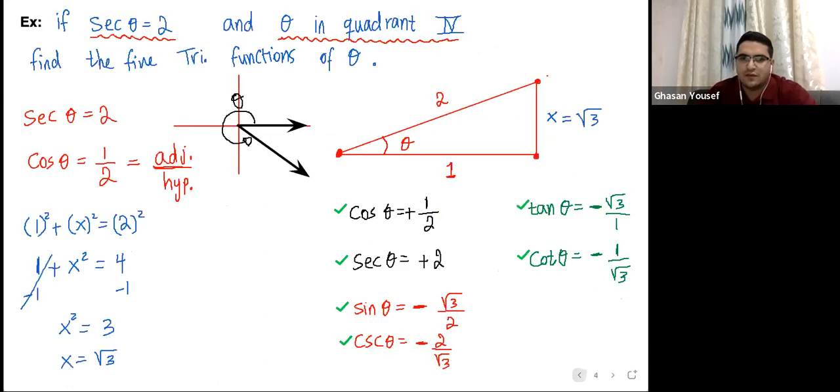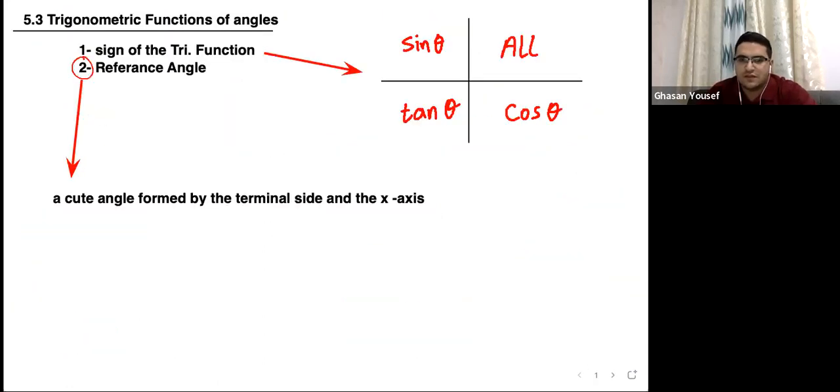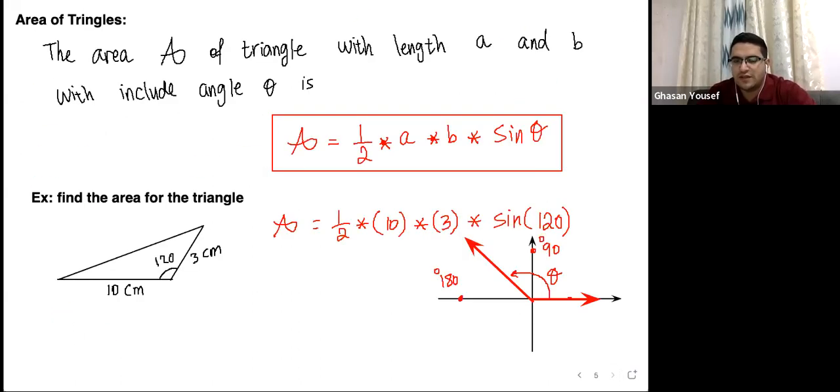Why? Go back here. All functions are positive in the first quadrant, the sine function is positive, the tan, the cosine. So in the second quadrant, the sine function must be positive. So sine 120 is positive.